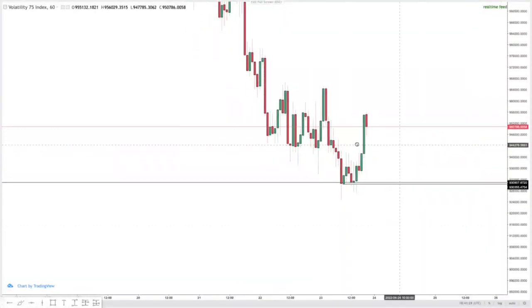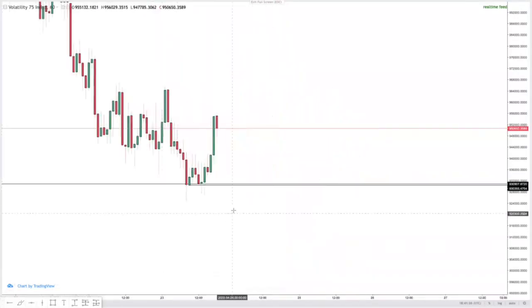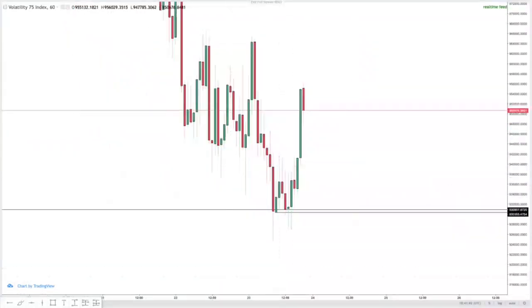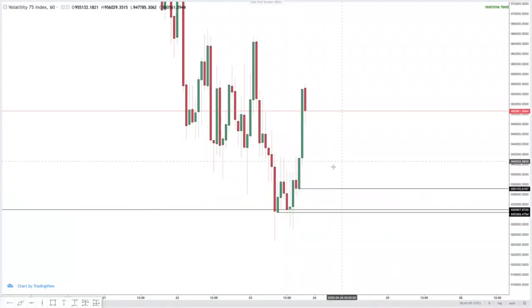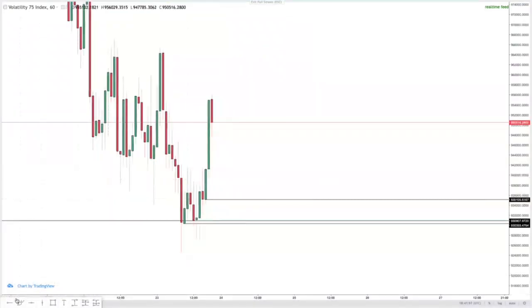Till now, I have missed this entry. It was somehow tricky, but I'm expecting to look for a re-entry, whereby I'm expecting price to come to respect maybe this structure right here, this invalidation X right here, or maybe price could come and respect this break-in retest structure right here.